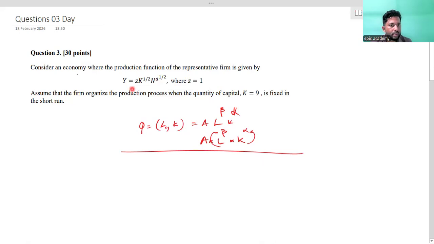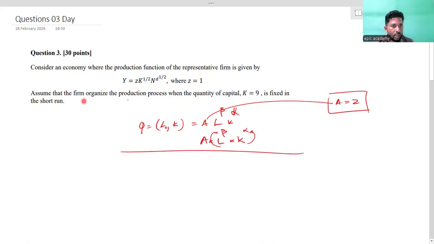They say to consider an economy where the production function representing a firm is given here, where z equals 1. That means z represents A. Yes, the equation can change from question to question, but you have to clarify what the meaning is.